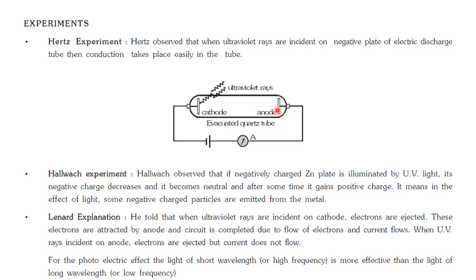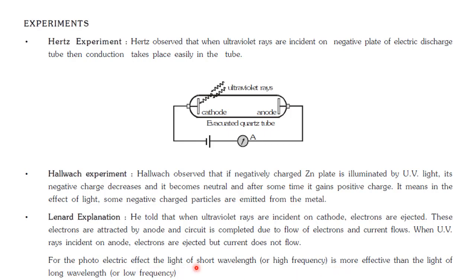So these experimental observations lead to the explanation of the photoelectric effect, that light of short wavelength or high frequency takes out electrons from the metal surface, which is linked with the formation of current, which we later named the photoelectric current.